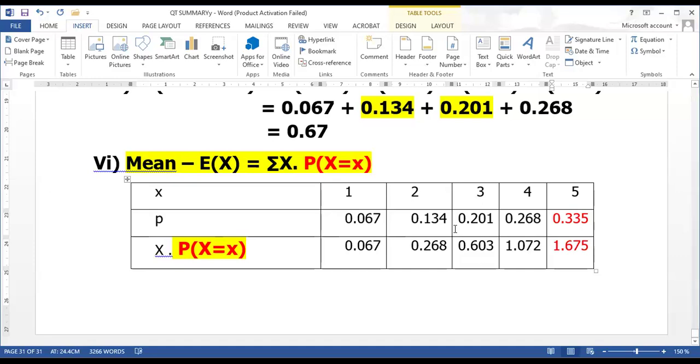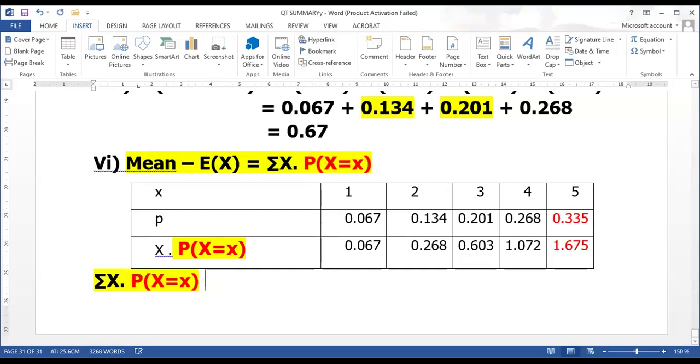So we need the summation, the total. What is the total when you add these values? Now in an exam, don't do that. It's just for you to add on your calculator.